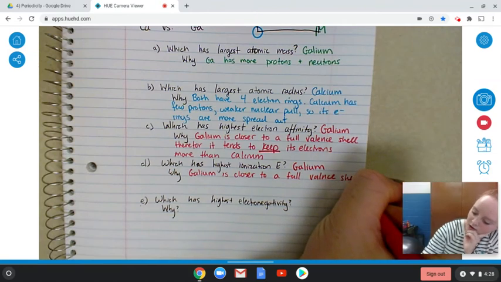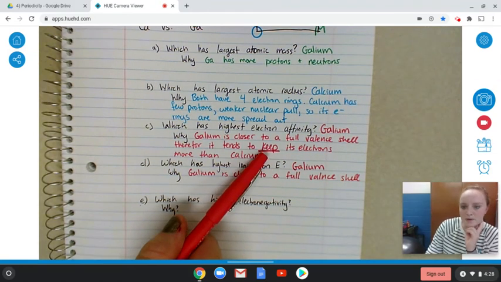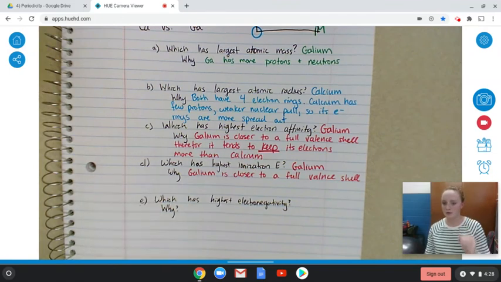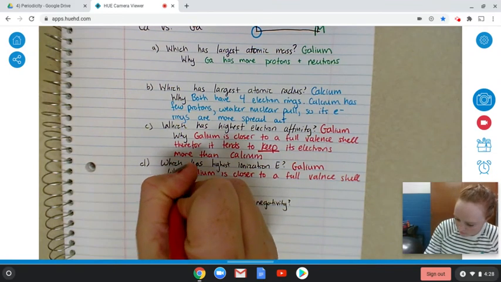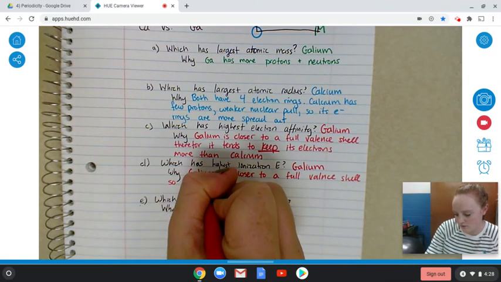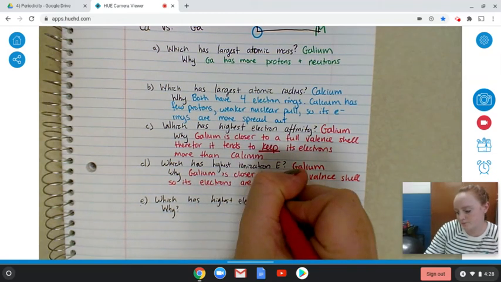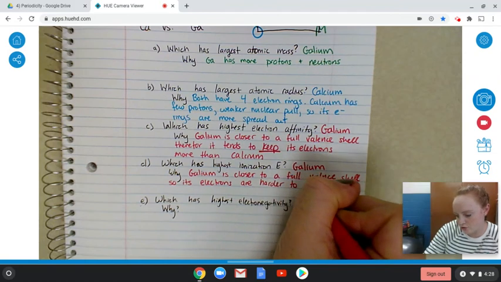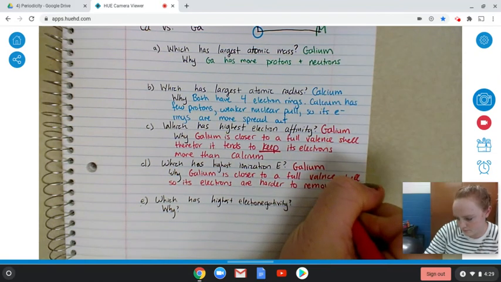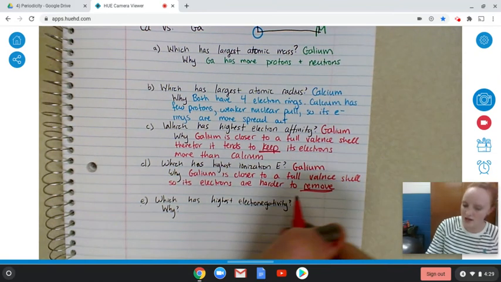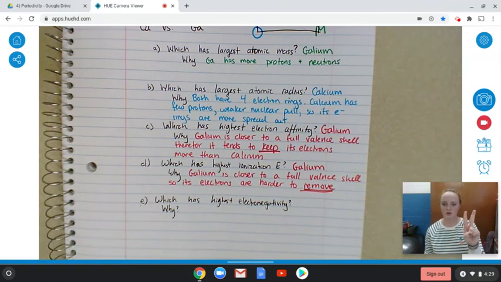The closer you are, the more you keep it, so the harder it is to remove the electrons. So its electrons are harder to remove. Again, I'm looking for you to talk about valence shell and use the buzzword remove.